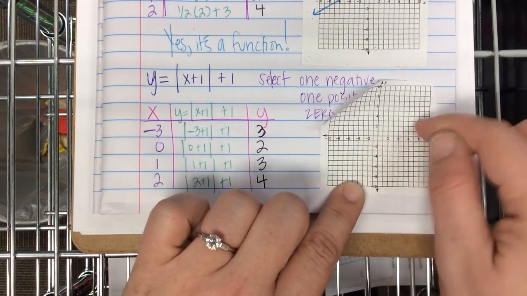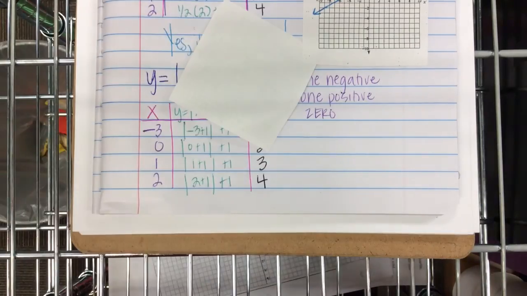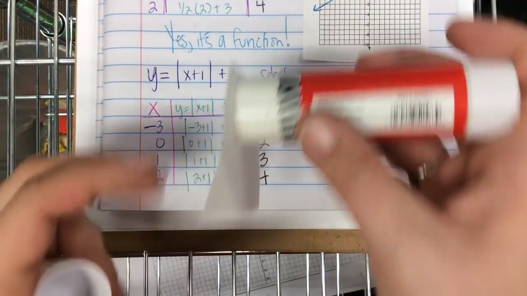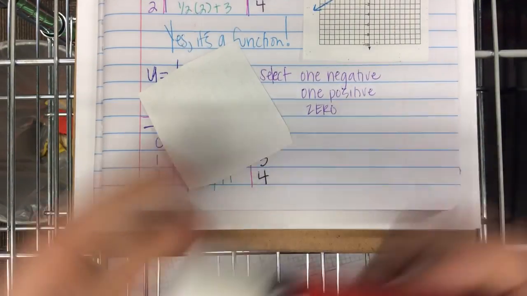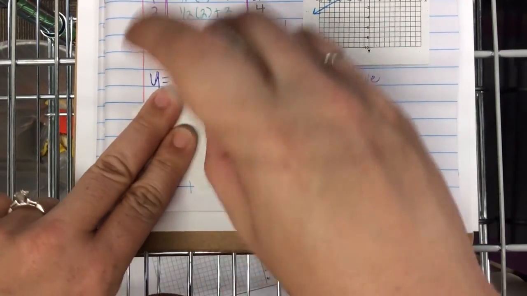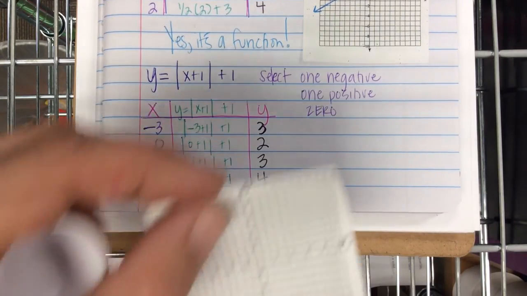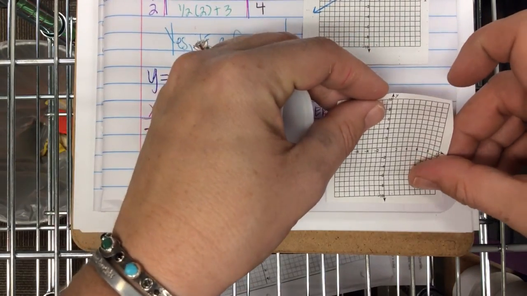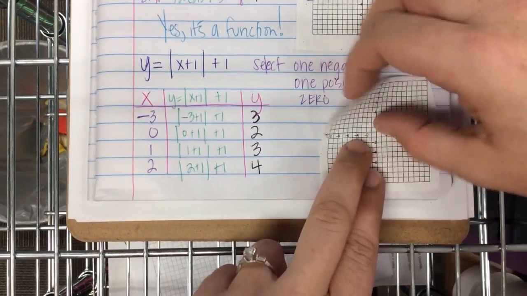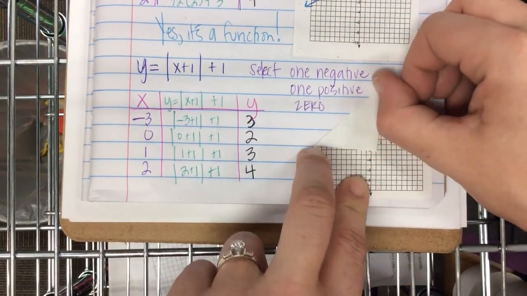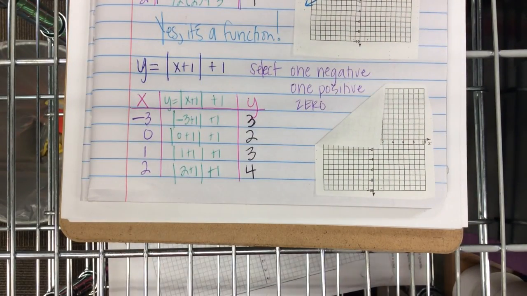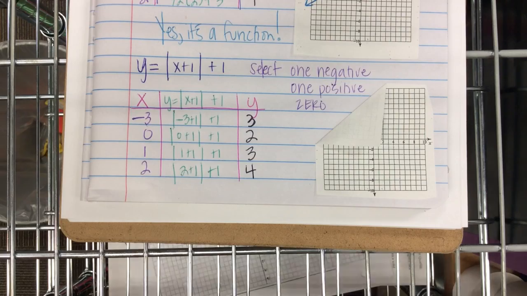Hopefully I glued on the right side. Then I can fold this over so I can see my notes still. Make sure you're snapping those caps on your glue sticks, please.